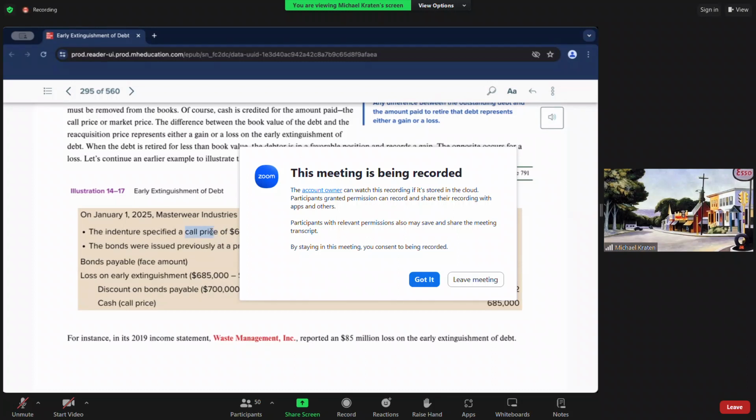Furthermore, the call price provision will have a specific price attached to it. In other words, it is not necessarily true that the borrower pays whatever he or she owes.